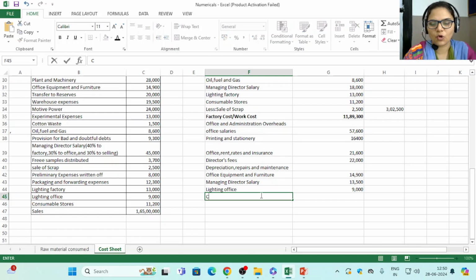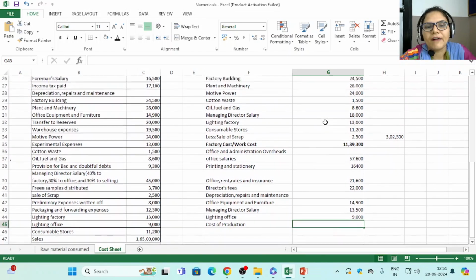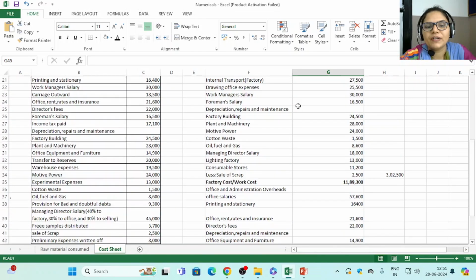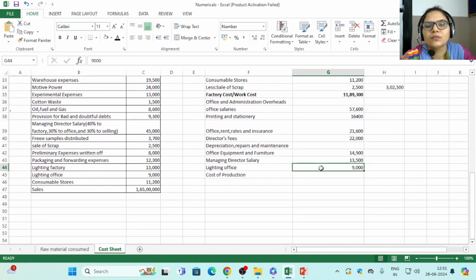Then you have cost of production. Cost of production is arrived at by factory cost plus office and administration overheads.